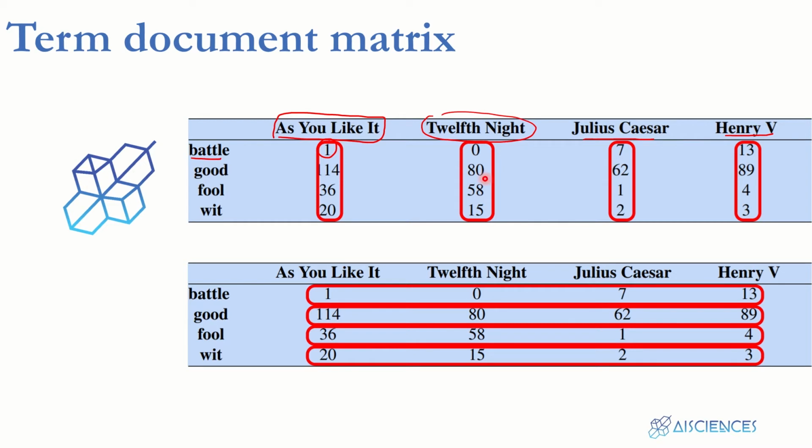Also, if you see the rows of this matrix, for example, the first row represents the vector form of the word battle. The second row represents the vector form of the word good, similarly fool and wit. So the rows of this matrix represent the vectorized variants of words, and the columns represent the vectorized variants of the documents.